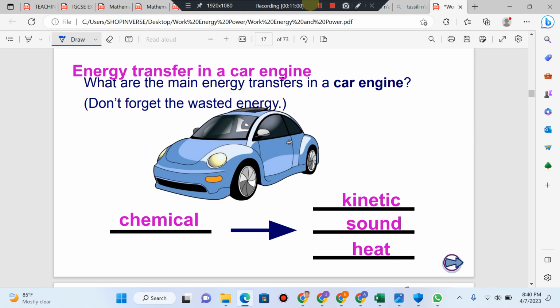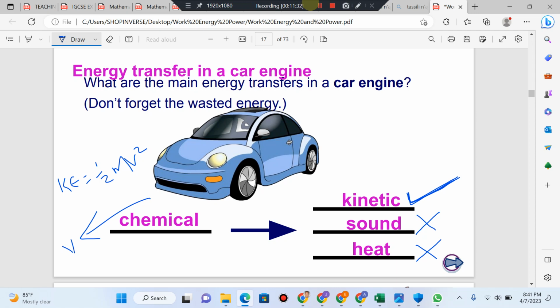Also your car: when you put fuel in your car, the fuel contains chemical energy, and the fuel will be used in setting your car in motion. So your car moves forward with a certain velocity. That means it possesses kinetic energy given by the formula half mv squared. But the point I'm focusing on is that your car has kinetic energy, it produces sound which is undesirable, and it also gets heated up, it produces heat.